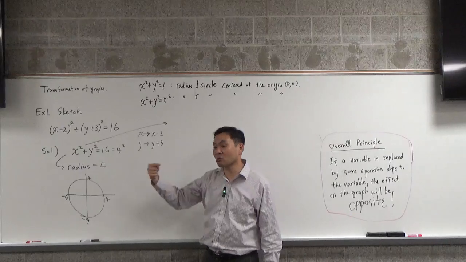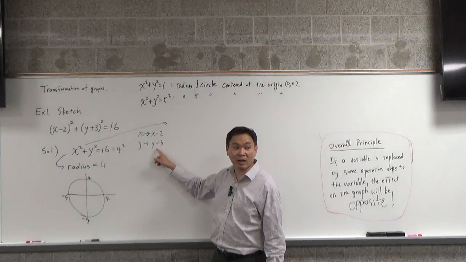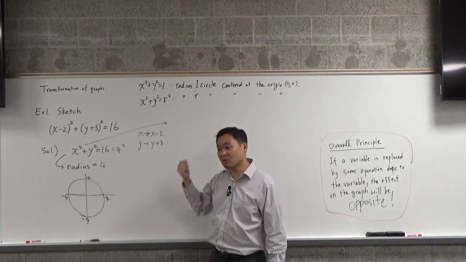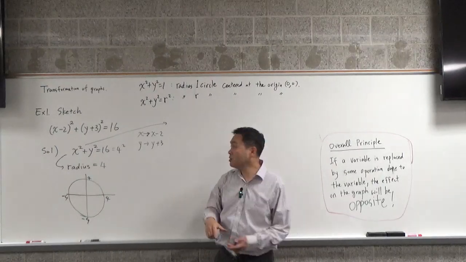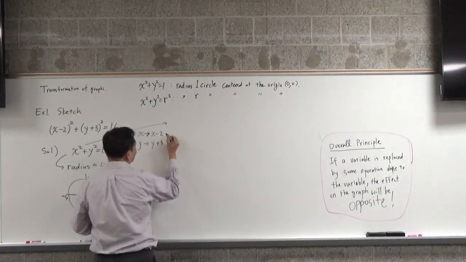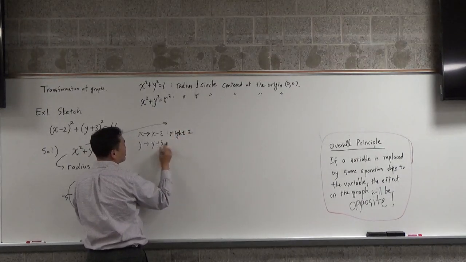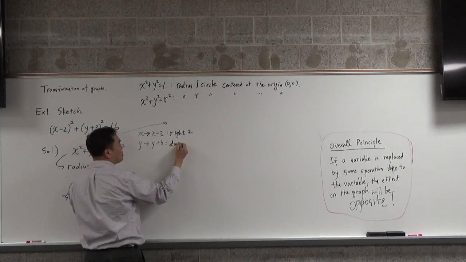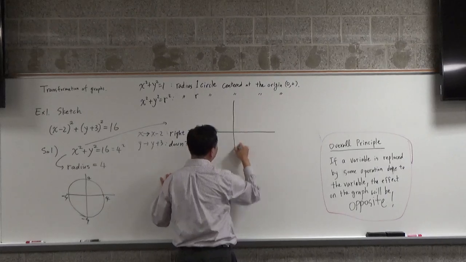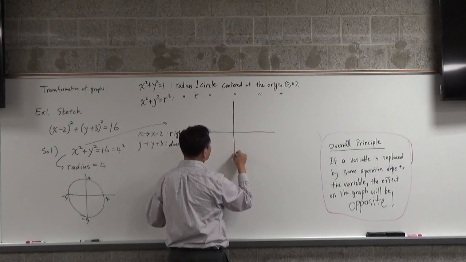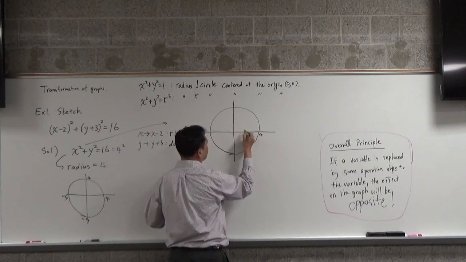If you subtract 2, it's going to move right. Now, what about this? If you add 3 to the y, the y coordinate will be decreased by 3, which means it's going to go down by 3. Is that okay? So we know that this is going to move right 2, and this is going to move down 3, so that you initially had this circle of radius 4.